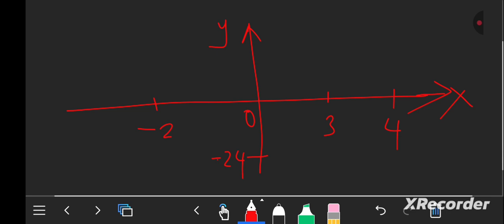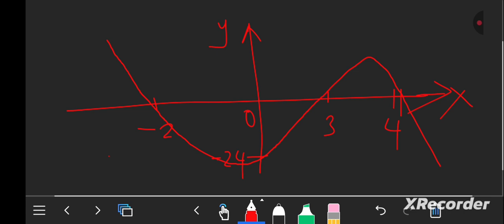Since the graph is crossing at -24, it won't be wise to start on -2 going up, because where it crosses the y-axis is negative. So we'll start from up, passing at -2, then crossing at -24, coming to 3, then turning until it crosses the point which is +4. So this is how the graph is going to be.